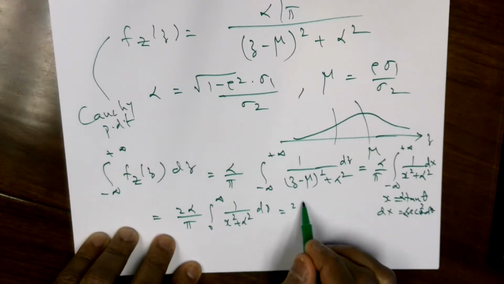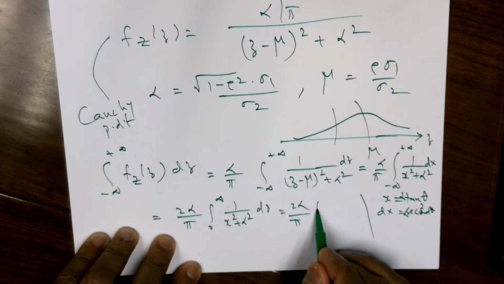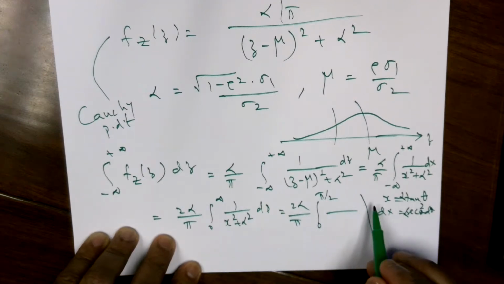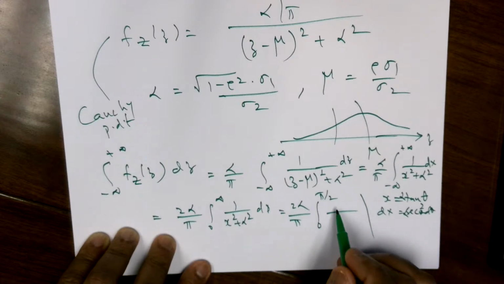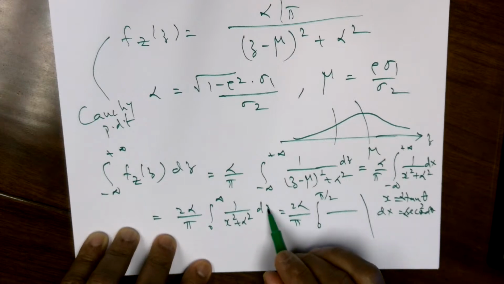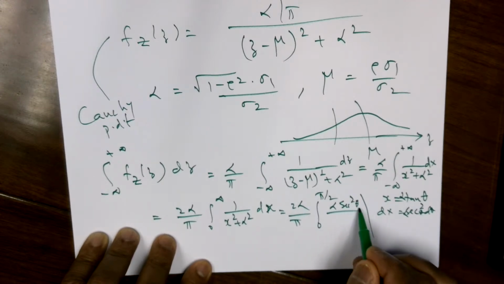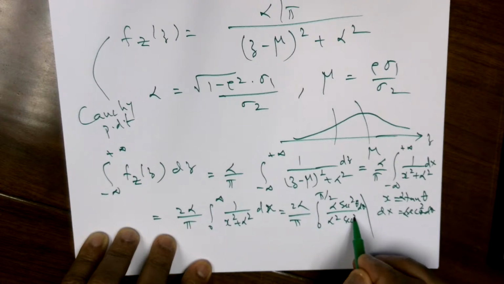So this integral becomes 2 alpha by pi integral 0 to pi by 2, because when x is infinity, theta is pi by 2, and dx is alpha sec squared theta d theta, and in the denominator you have alpha squared times 1 plus tan squared, which is sec squared theta.